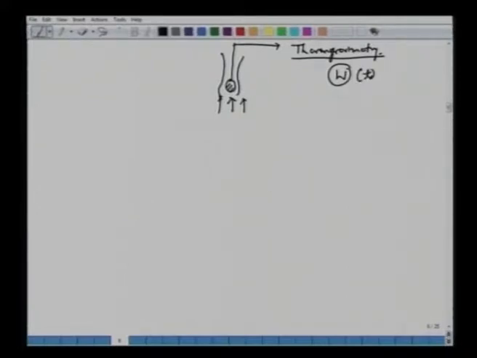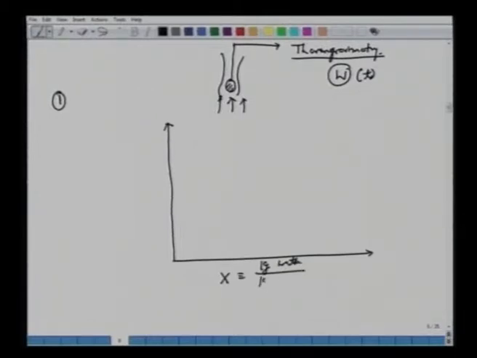So essentially, we plot here X, that's the first important drying curve we have in this drawing. So let's plot X, which is nothing but kg of water per kg of dry solid.